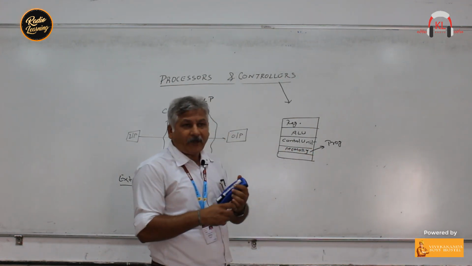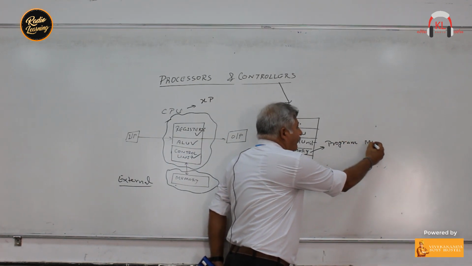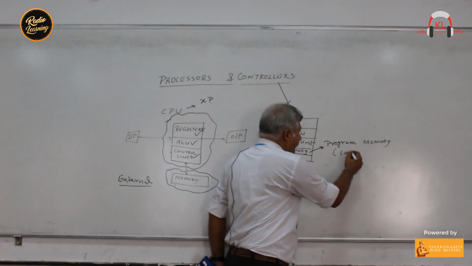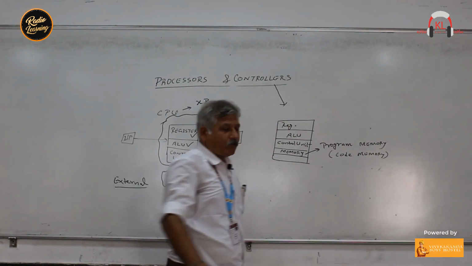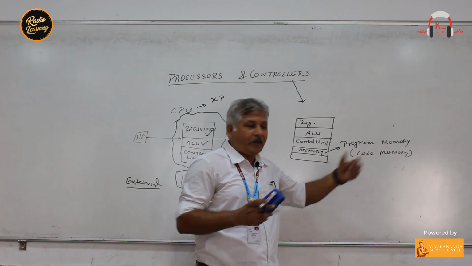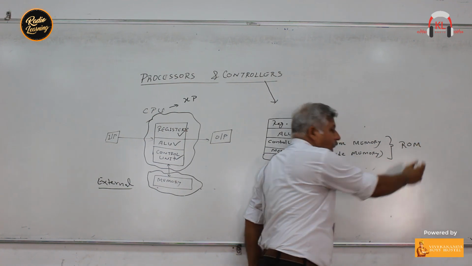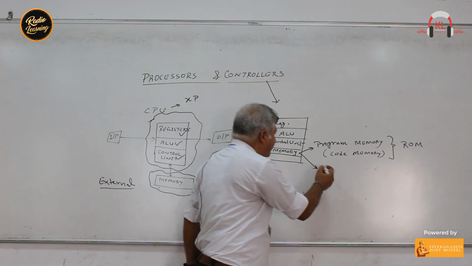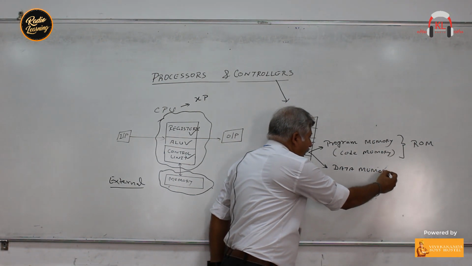And here basically there are two types of memory which are required. One is program memory, also called code memory. So we have to store our program in program memory or code memory only, and this memory is basically ROM, read-only memory. The second type is data memory.